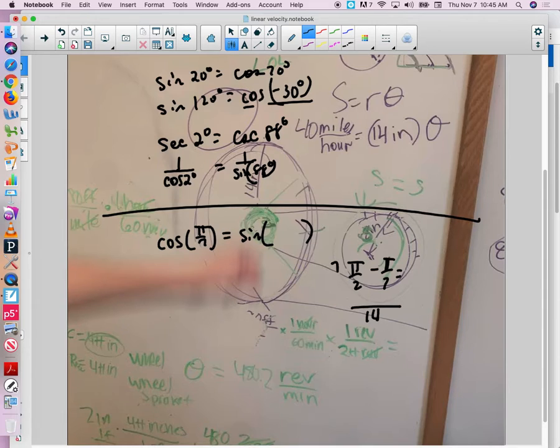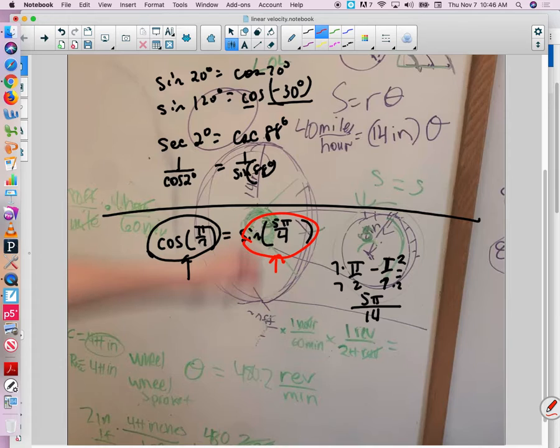So if I multiply this by 7 and this by 2, that gives me 5 pi over 14. Are y'all with me? Okay. So now that you're in radians, please type this in and see what you get. Hit enter. And then type this in and hit enter.